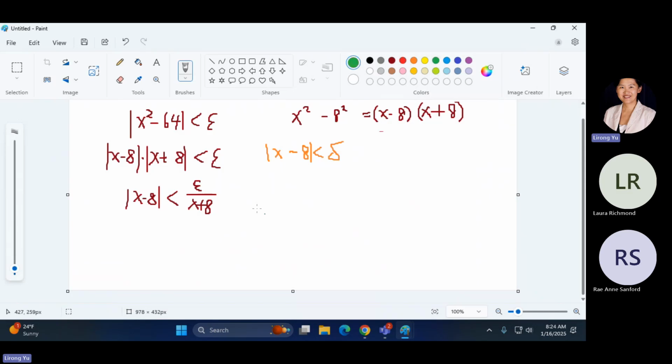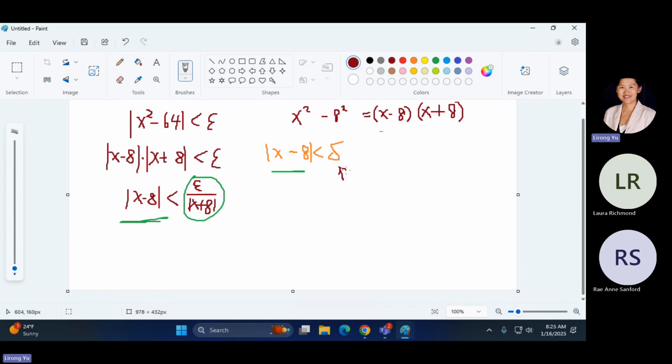So this is more relatable to the intention, but there's a slight problem. This formula has x on the right, so we can have epsilon in how we represent delta. We cannot have x, so we have to find a way to relax this.